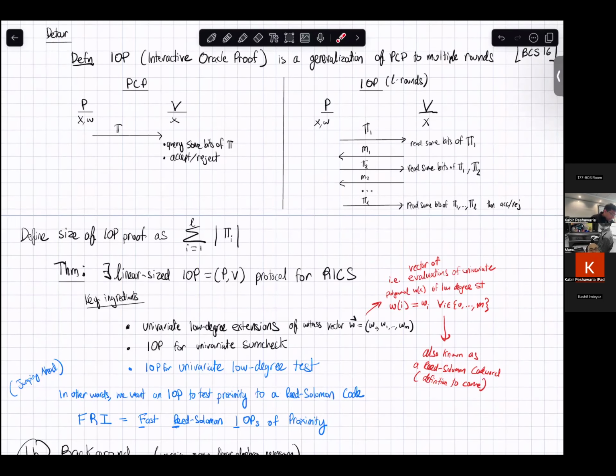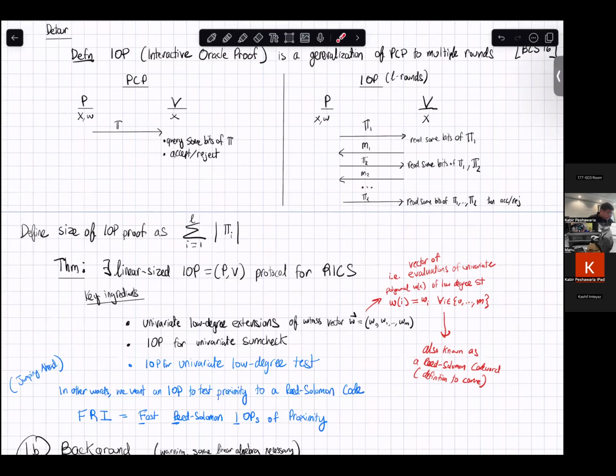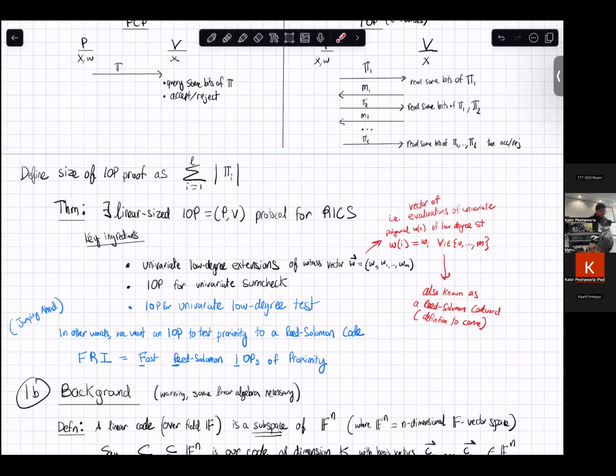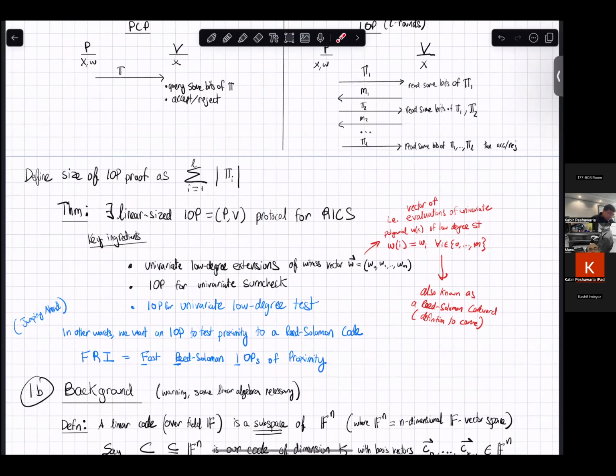We'll define the size of an IOP proof as the size of all of the prover messages ever sent. Then we have this theorem, which is really not the point of today's talk, but just to motivate it: we have a linear sized IOP protocol for R1CS. The key ingredients are univariate, not multivariate, low degree extensions of some witness vector.